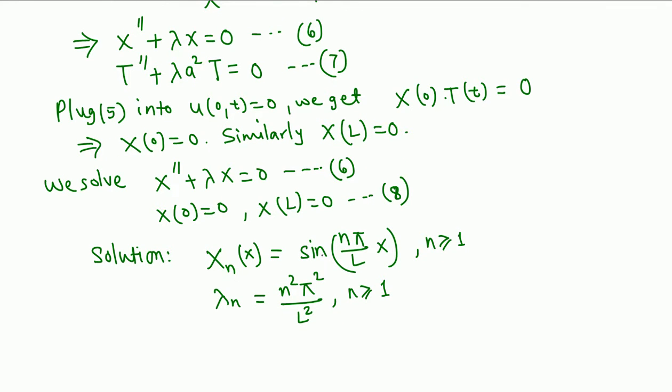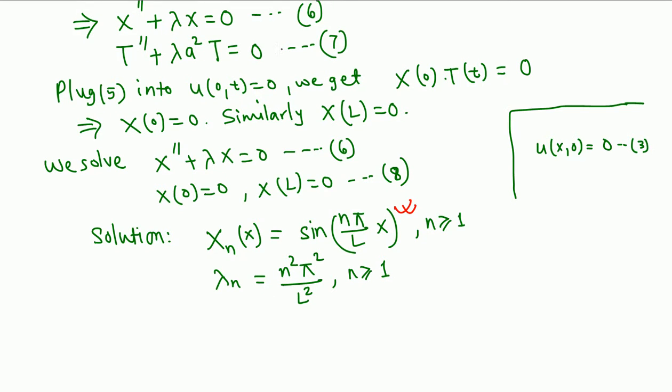Now we need to find the T, and for that we use equation 7. Now we want to solve 7, this ordinary differential equation, and if we go back and check, there are two initial conditions to be used. So I want to use the third condition because this is simpler.